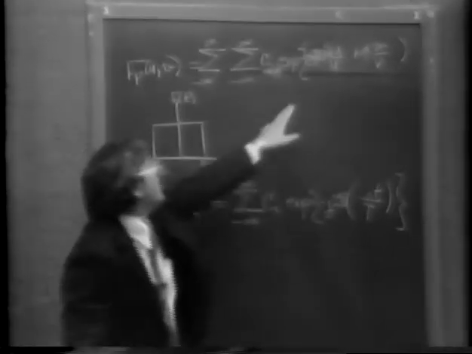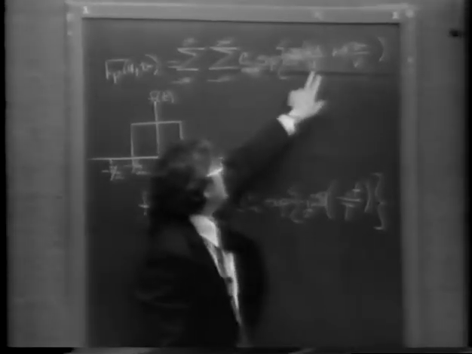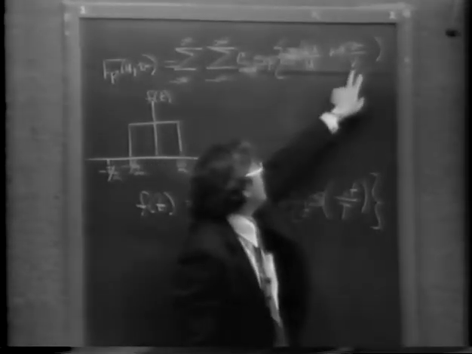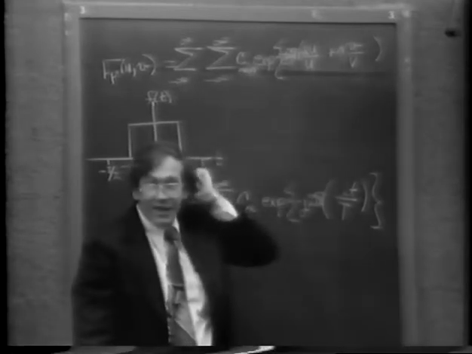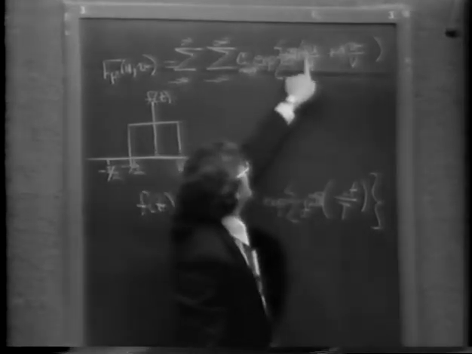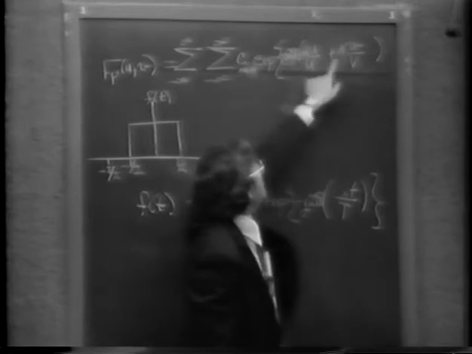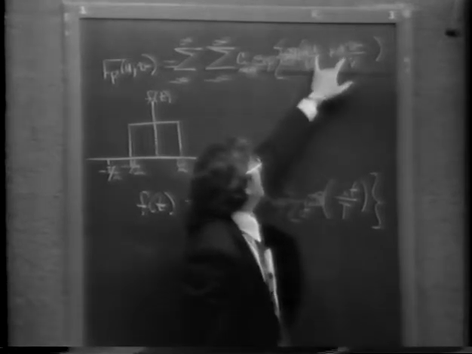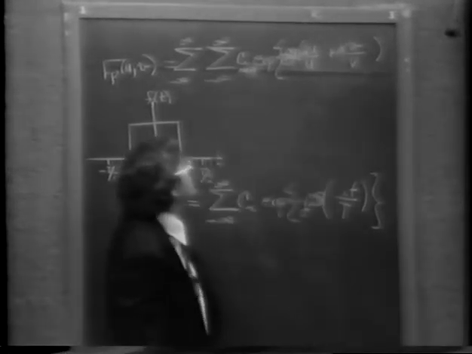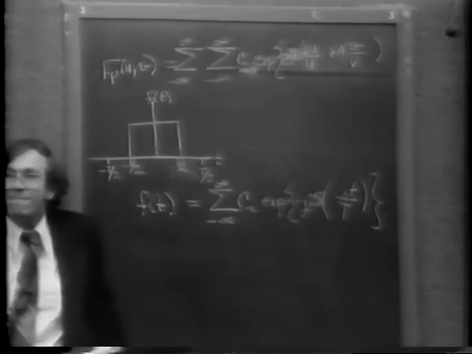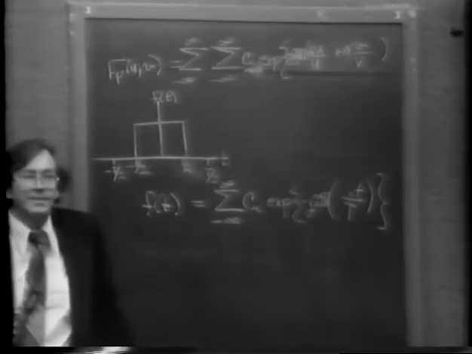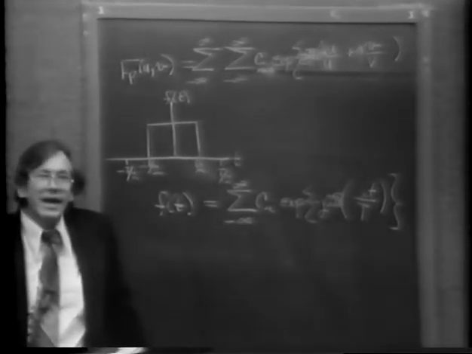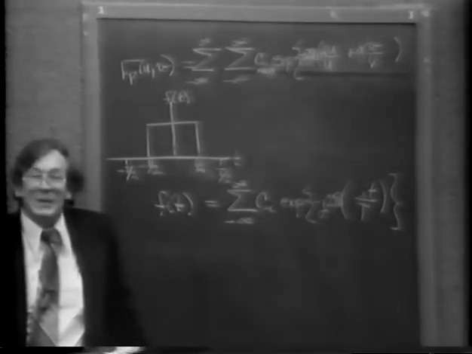So the fundamental frequency is 1 over U in one direction and 1 over V in the other direction. Our harmonic index would be m and n, and this would be a function, the sinusoidal functions of u and v. Is this what the book has? Hope so.